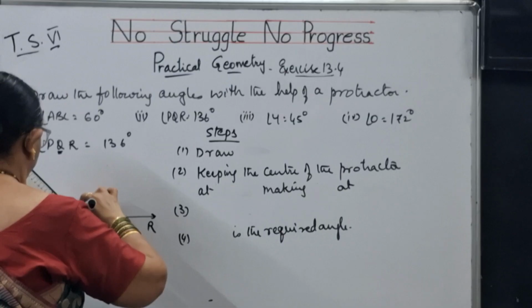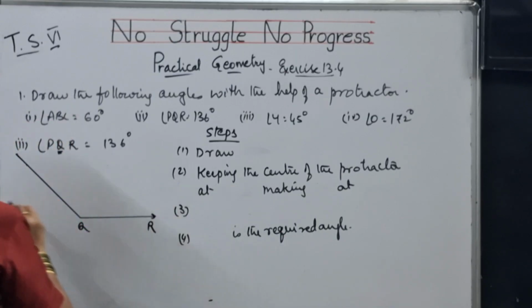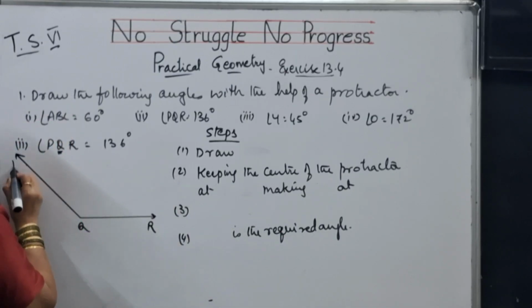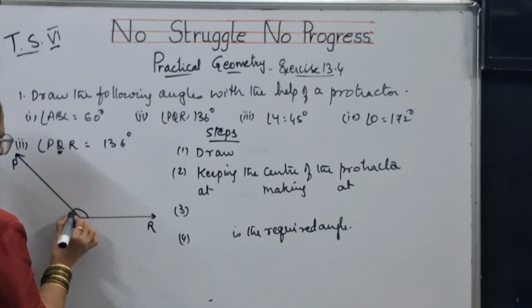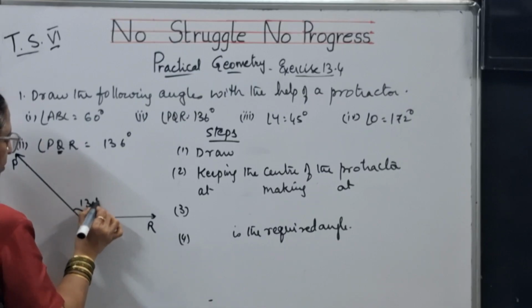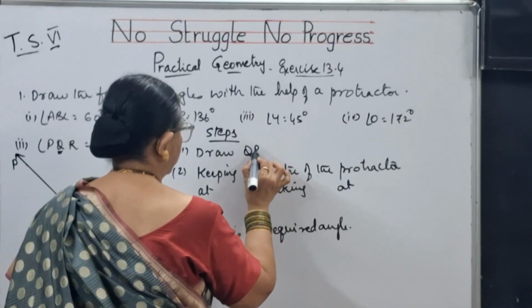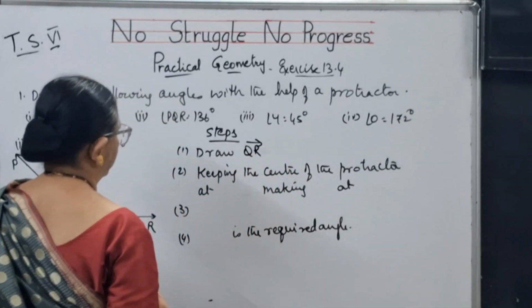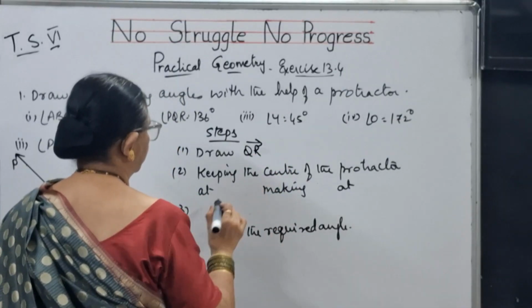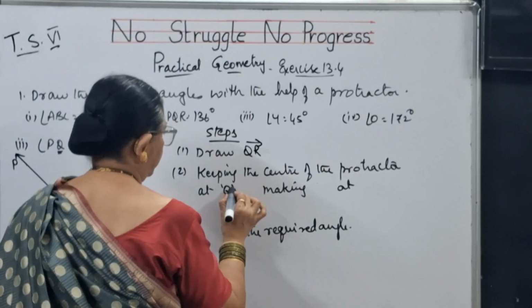This is the ray that I will get. This is PQR 136 degrees. So first what I should write, draw QR ray, keeping the center of the protractor at Q.